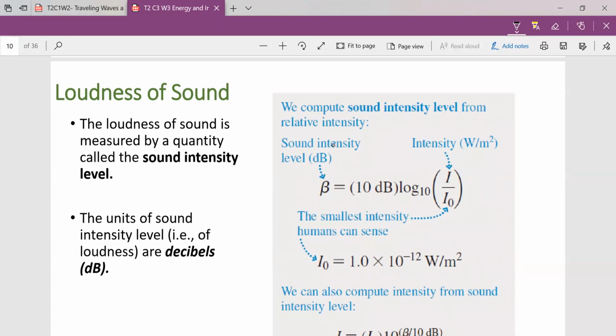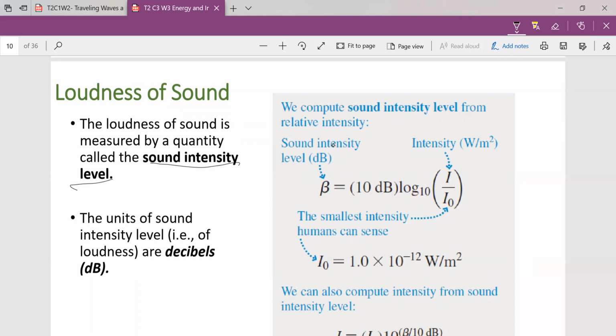Loudness of sound. When we say loudness of sound, what do we mean? The loudness of sound is measured by a quantity called sound intensity level. We have looked at energy and intensity, and now we want to look at loudness of sound.